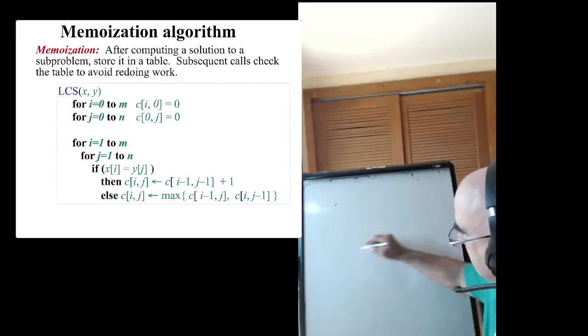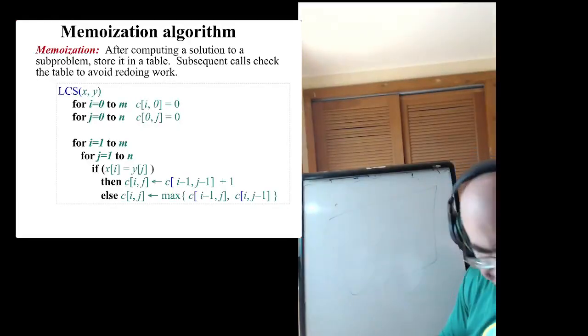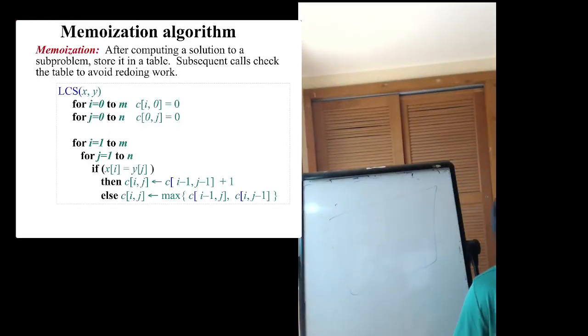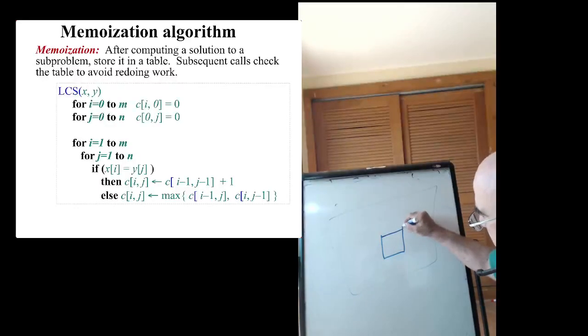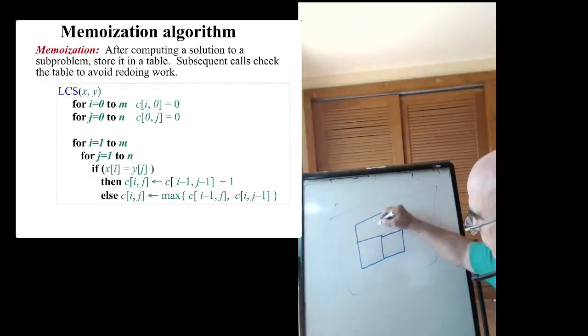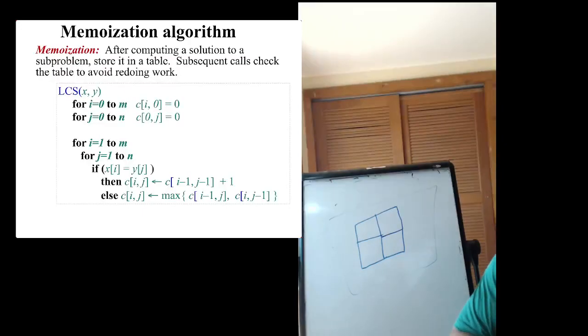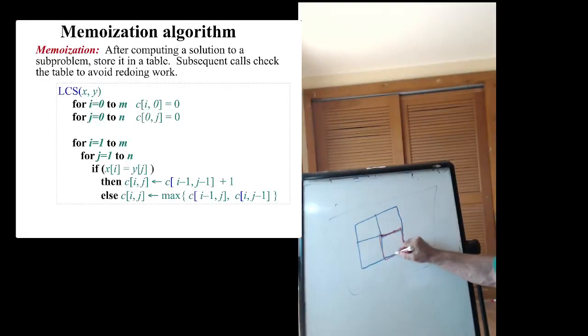That is, we are going to have some big table. In this table, we have cells, and I'm just concentrating on one particular cell, the red cell over here, and I'm asking what should be the value of this cell.